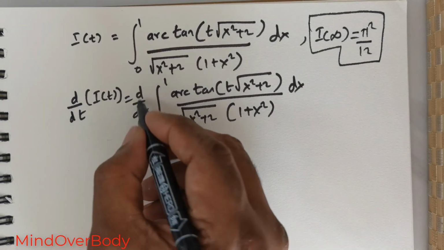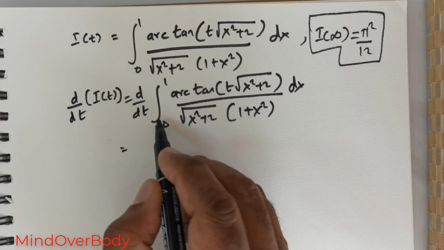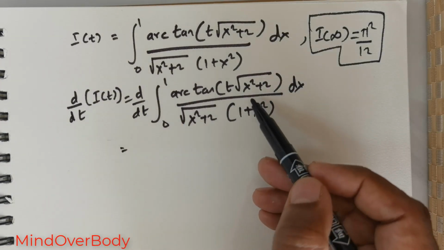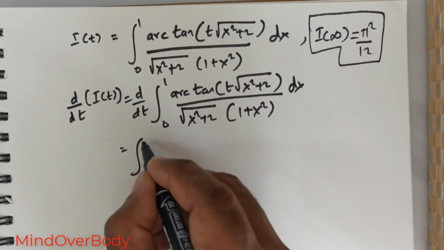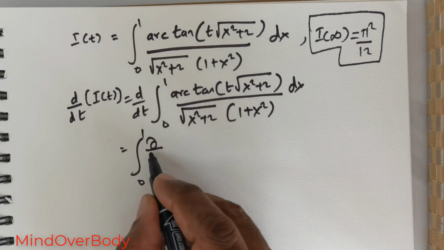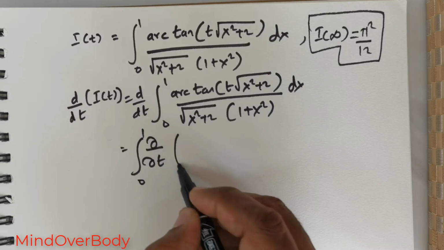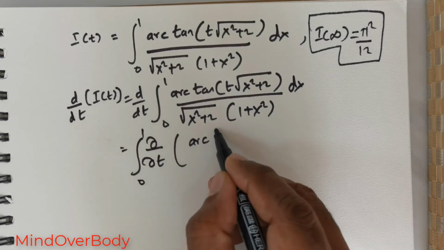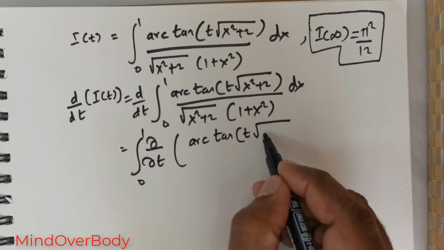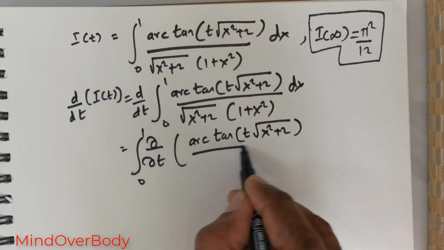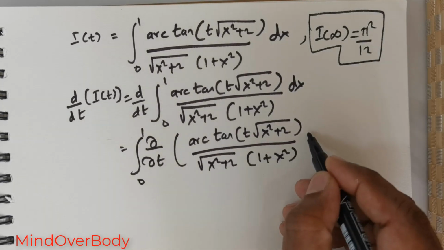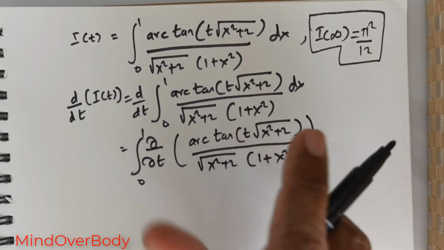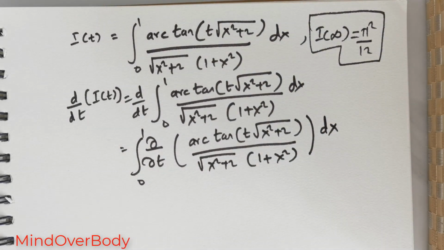So if I bring the total differential inside the integral, you can see that there are two variables t and x, and I will have to represent the total differential as the partial derivative, dou over dou t, of arctan of t times root of x squared plus 2 divided by root of x squared plus 2 times 1 plus x squared, and the differential operator dx.